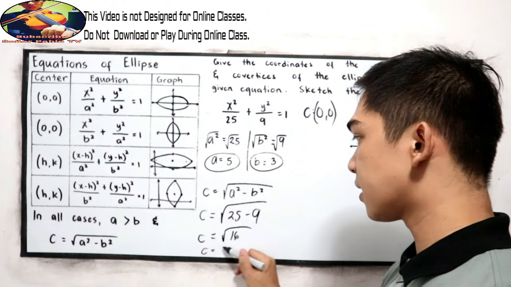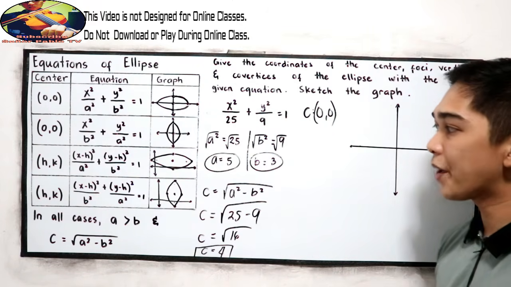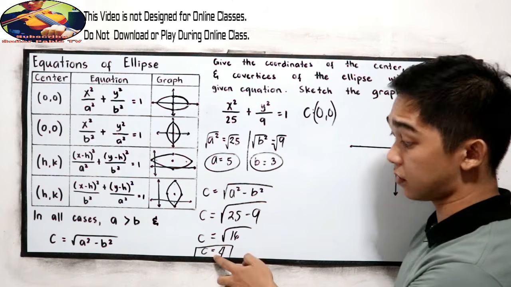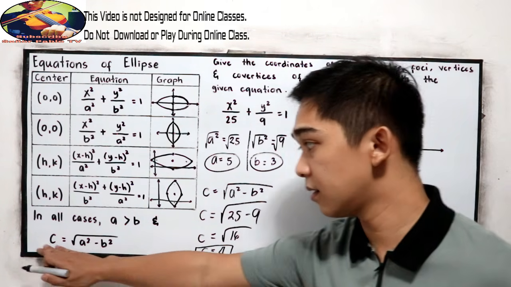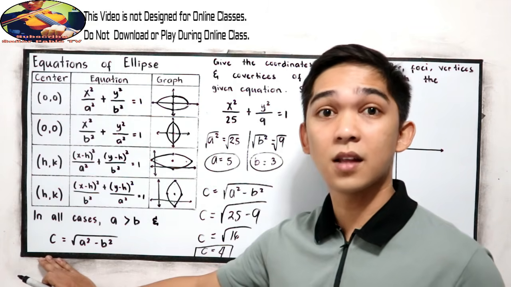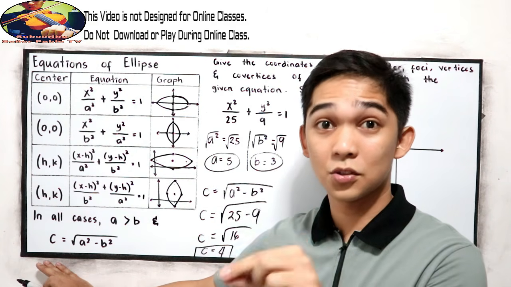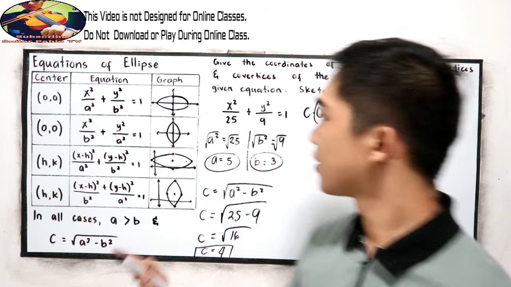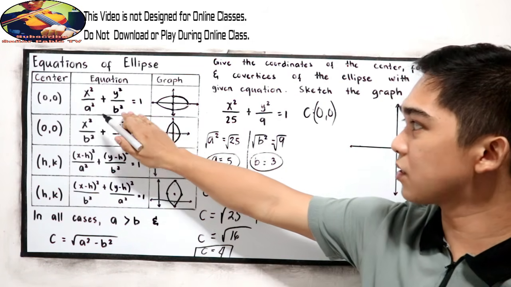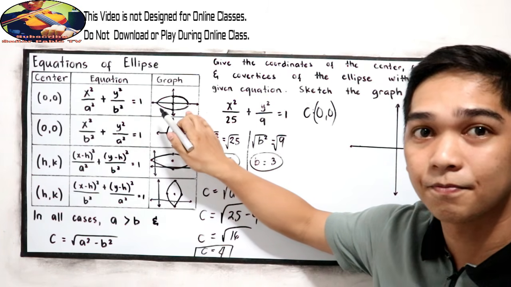So our C is 4. So now we have the values for A, B, and C. In our discussion, C is the distance of our center to the foci. So since we are in this case, we are expecting that our graph is like this one.